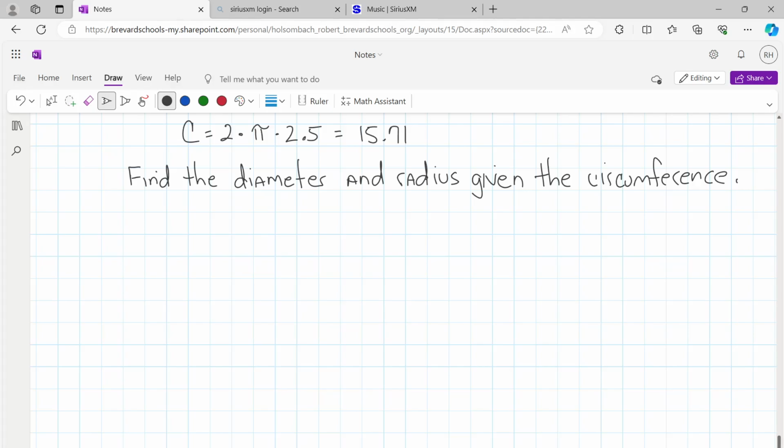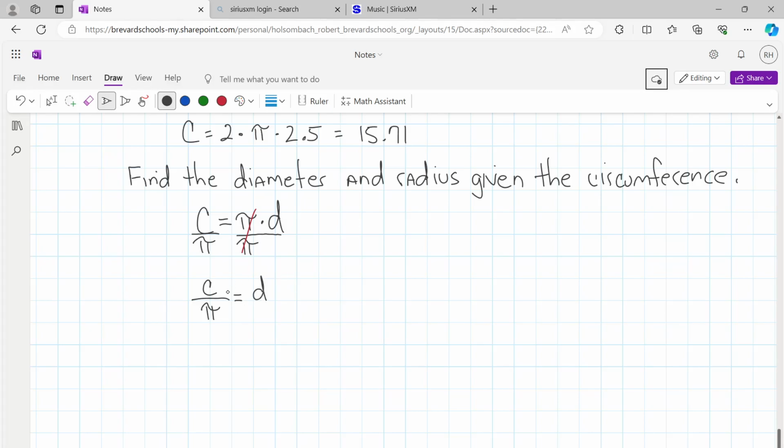So if we're given the circumference of a circle and we need to find the diameter and the radius, here's the process, okay? If circumference is equal to pi times diameter, and we divide both sides of this equation by pi, the pi symbols cancel, and we come up with basically a new formula. And our new formula is the circumference divided by pi is equal to the diameter.